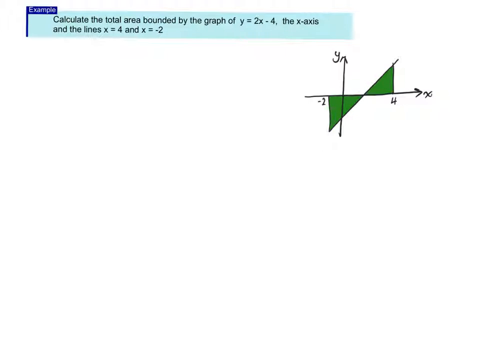And the first complication we need to sort out is finding out what this point is where it changes between being underneath the x-axis to above the x-axis. So we have to figure out that, which of course is the x-intercept.